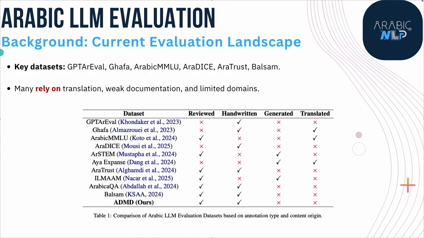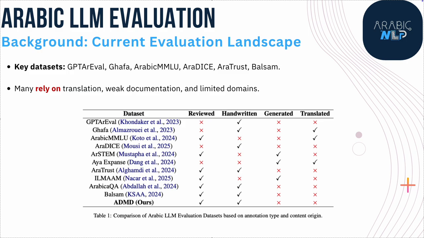Okay, so let's take some background about the existing benchmarks before going to the new framework. So what we tried to do is take examples, for example, GPT or Eval or Arabic MMLU or AraTrust or different benchmarks, and we tried to see the pattern.